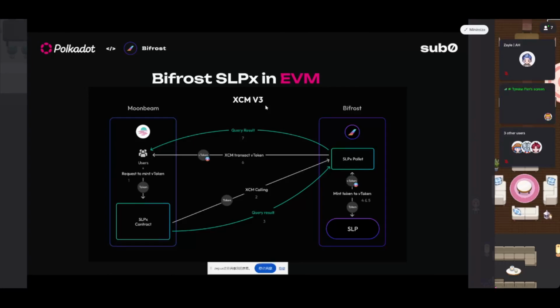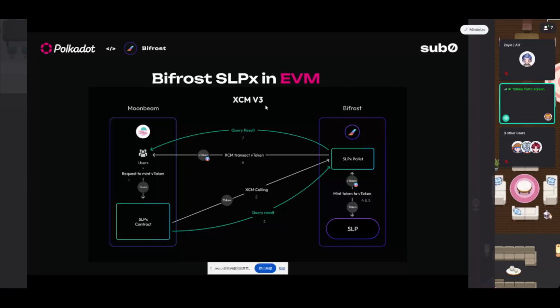The pallet acts like a message teleporter, receiving the message from Moonbeam, receiving this order to mint a V token from Moonbeam, and it will activate the message, telling the SLP module, okay, there's one user on the remote side who wants to mint a V token, so please do it.